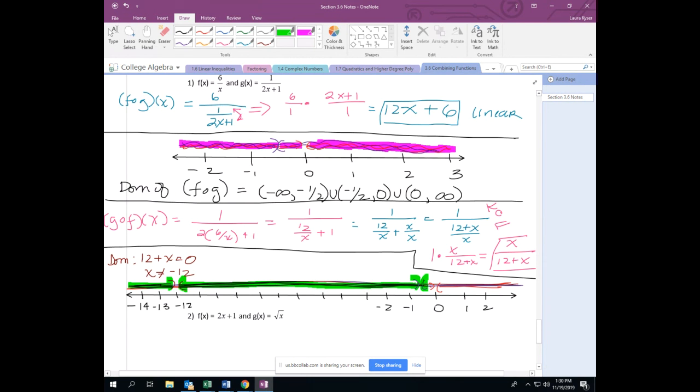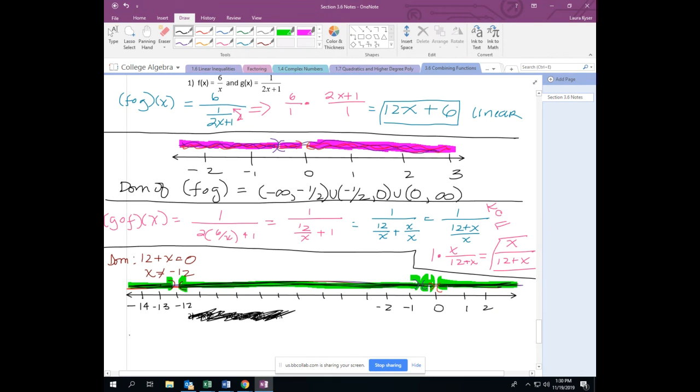And then it continued a little bit further to 0, and then it went off here. So that's where all of this stuff overlaps. Ignore this because we're not going to do this one.